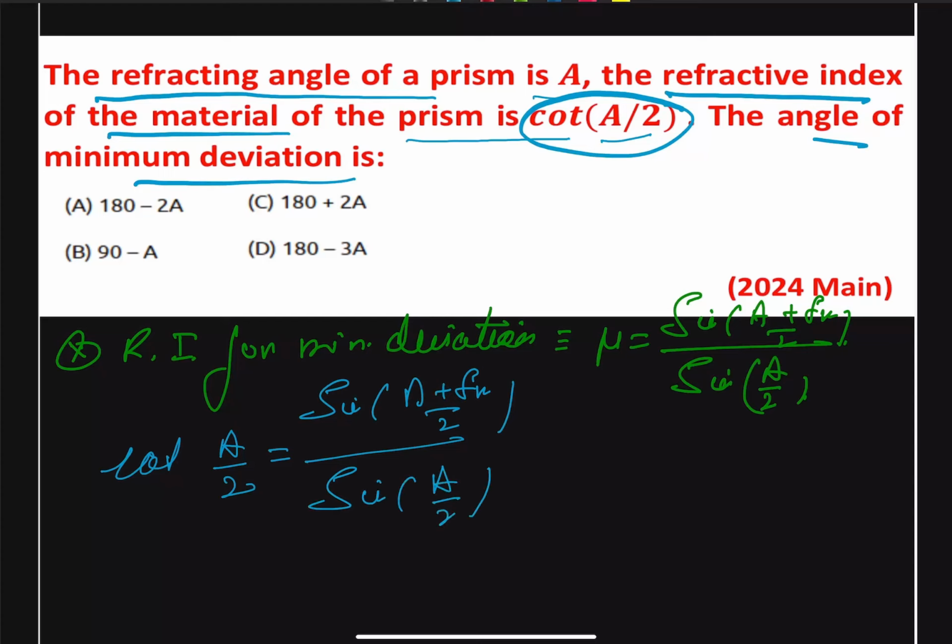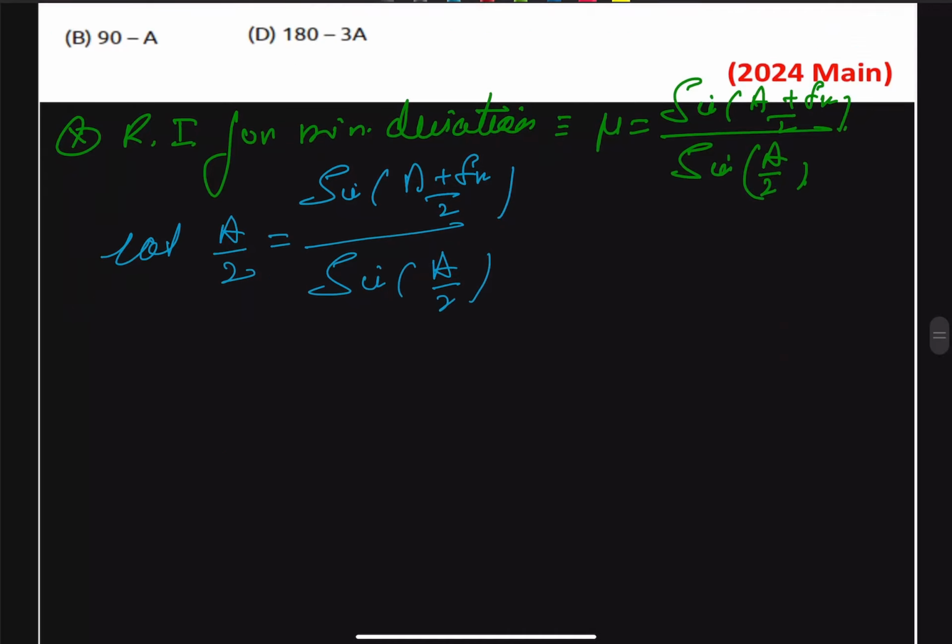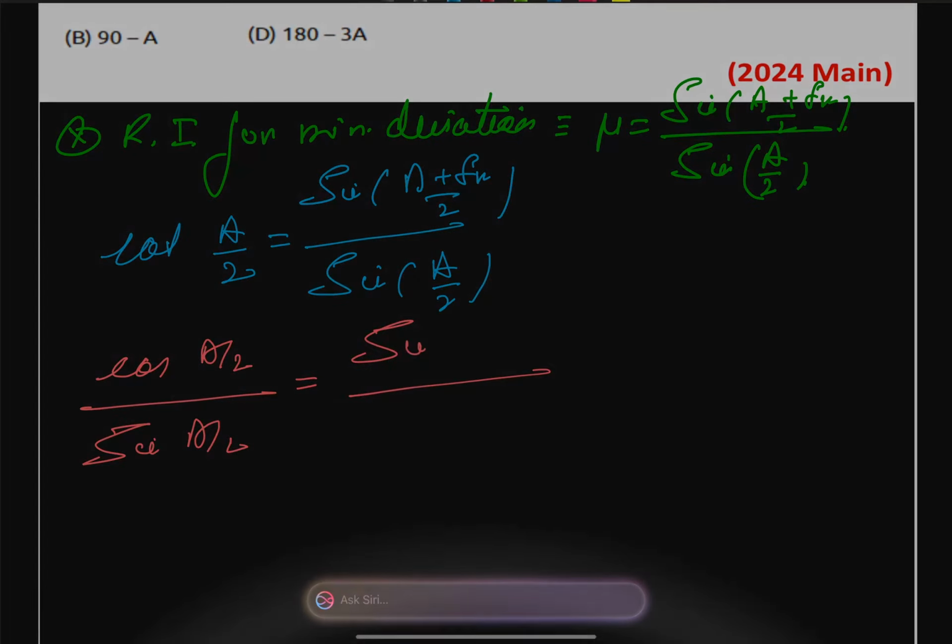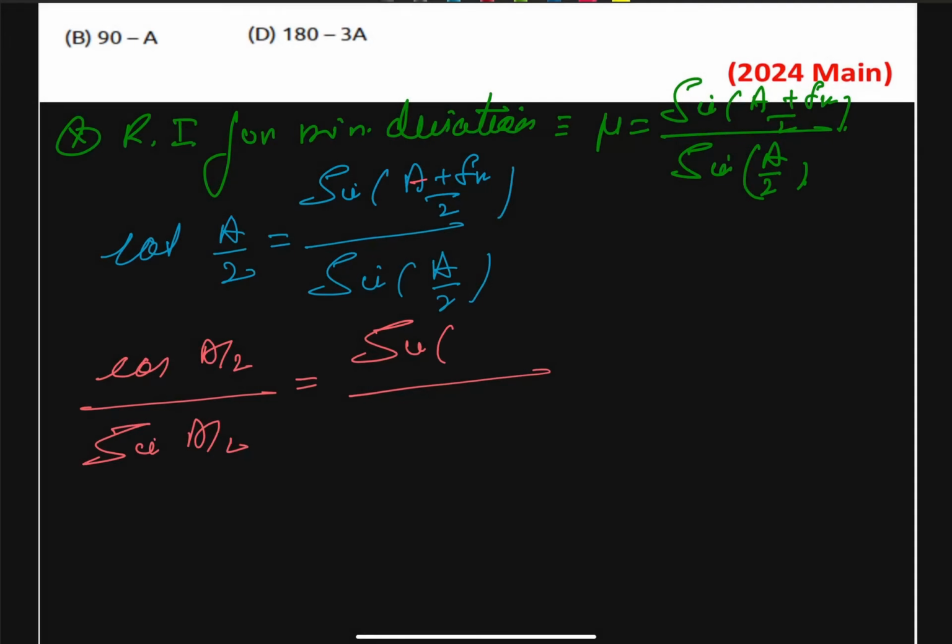Now it's a simple trigonometric formulation. Cot A by 2 we can write as cos A by 2 upon sine A by 2, and sine A by 2 cancels out on both sides.